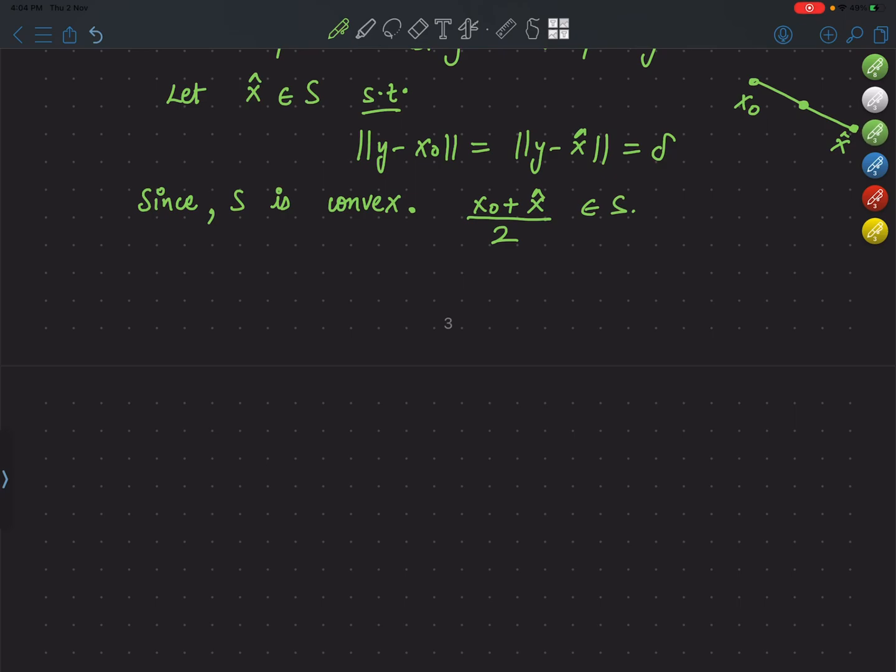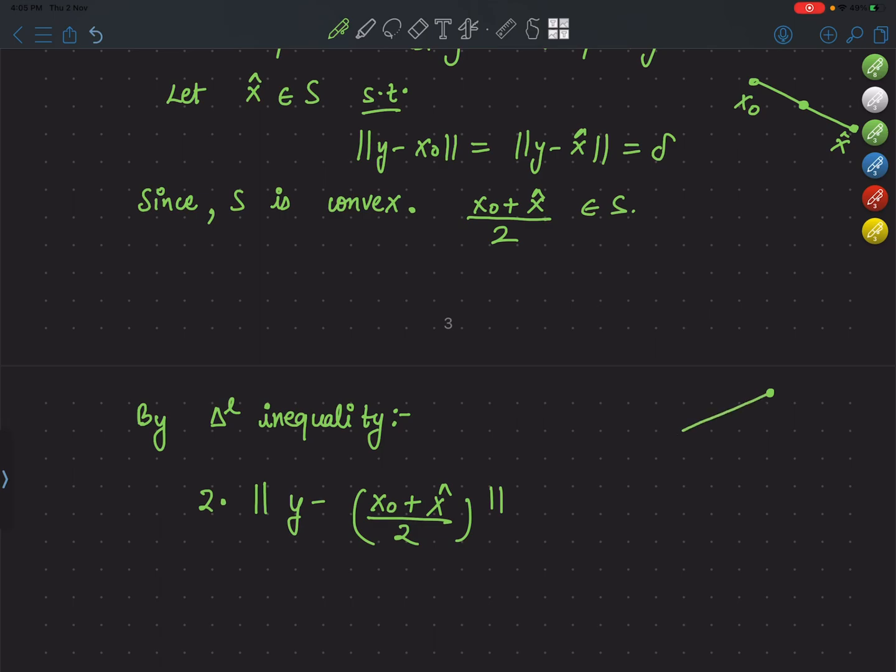We can write by the triangle inequality that 2 times the norm of y minus (x naught plus x hat) by 2. Let's say this is y, this is x naught, this is x hat, and this is the midpoint.